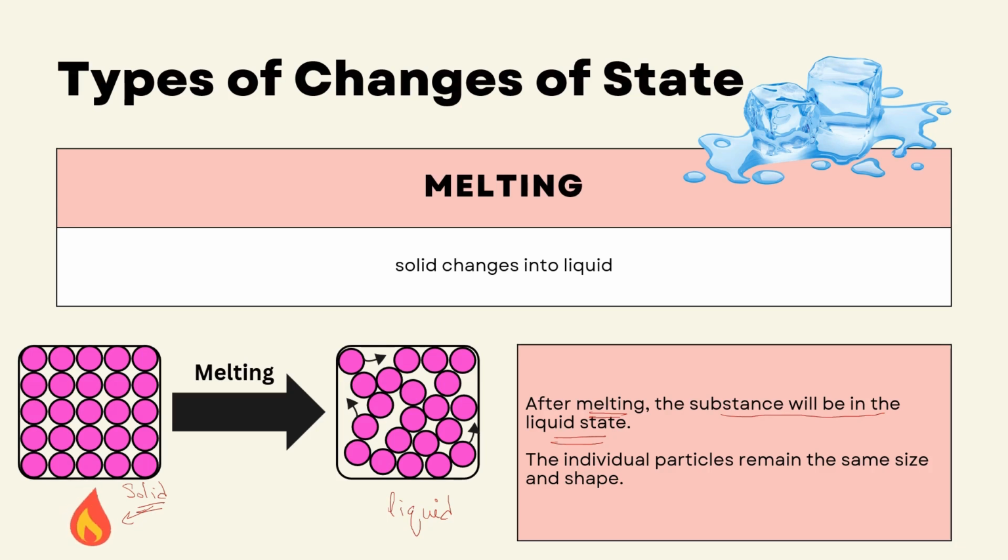The individual particles remain the same size and shape. For instance, if I talk about this particle, after melting it will have the same shape and same size. So the particle size and shape do not matter. Only the state has been changed.